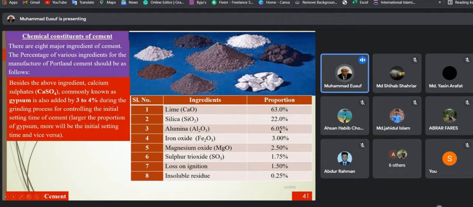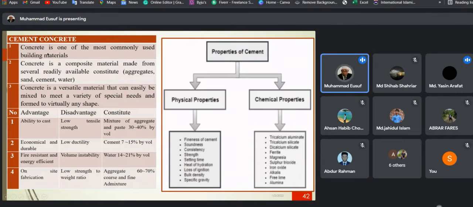So it comes to 99.3, or 99.8, then 100.05. So somewhere there is a mistake, right? It is less than 100% because 3 to 4% we must add the gypsum. Okay, so then cement concrete.